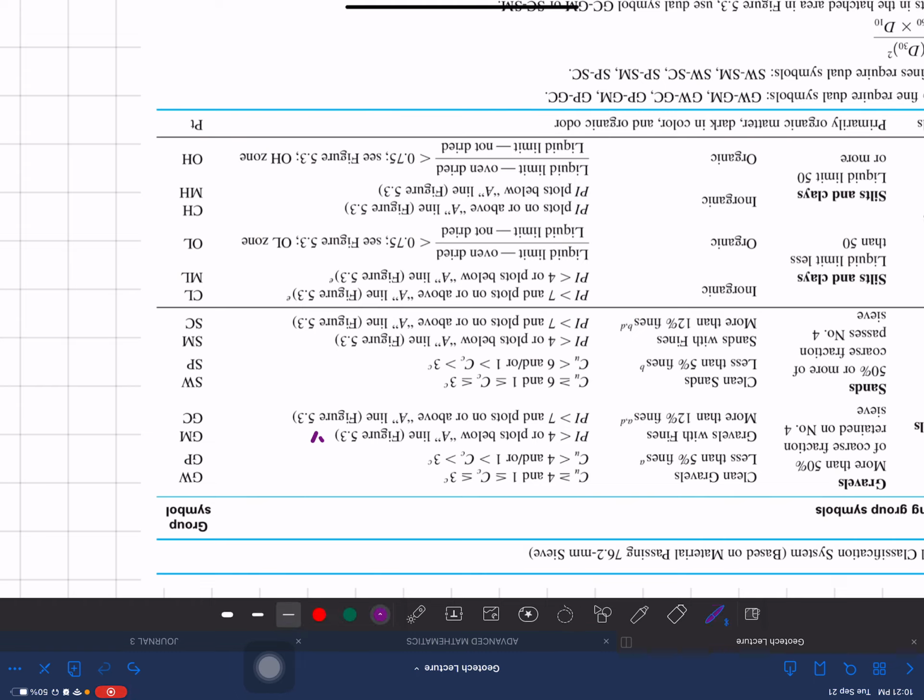So compute the CU, the CC, as well as the plasticity index.